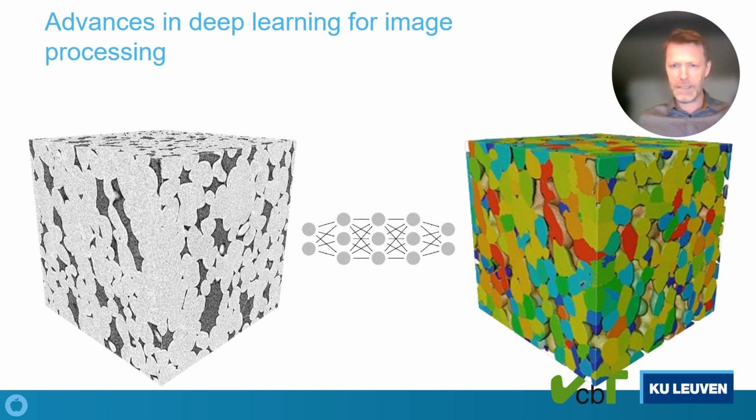So on the right hand side here you see each individual cell labeled with a color that represents also the volume of the cell. So now we are able to characterize the cell sizes, their shapes, and have also a 3D complete model of the tissue.